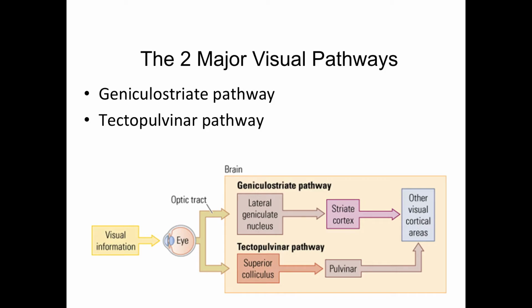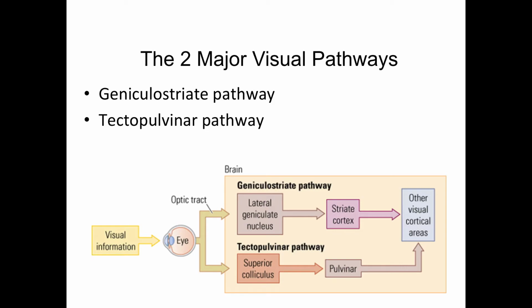Okay, so let's talk about these two major visual pathways. The geniculostriate pathway is the major visual pathway, and it runs from the retina to the LGN, or the lateral geniculate nucleus of the thalamus. After it passes through the LGN, it goes to the primary visual cortex in the back of the brain, which we also call V1.